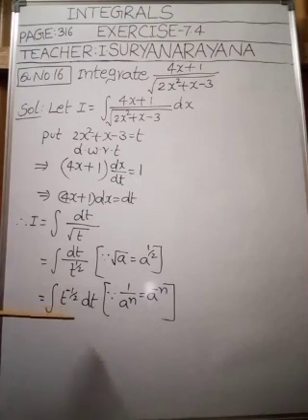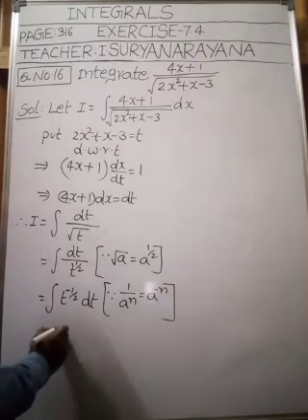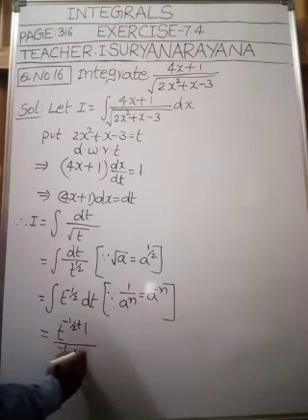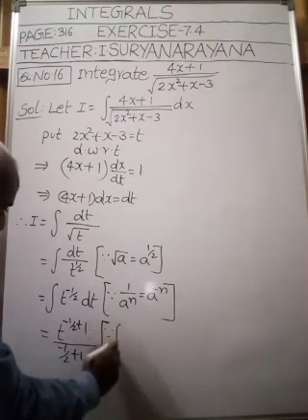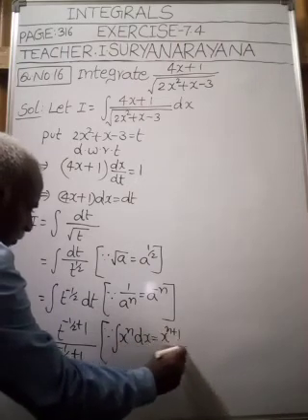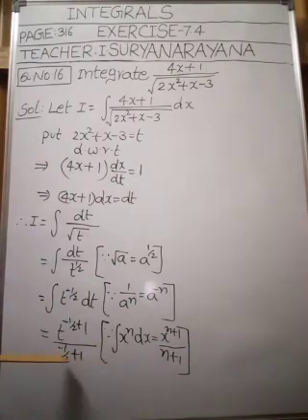Now this integral is in the form of integral x to the power of n dx, so we use that formula: t to the power of minus 1 by 2 plus 1 by minus 1 by 2 plus 1, because the integral of x to the power of n dx is equal to x to the power of n plus 1 by n plus 1. Understood this step, my children?